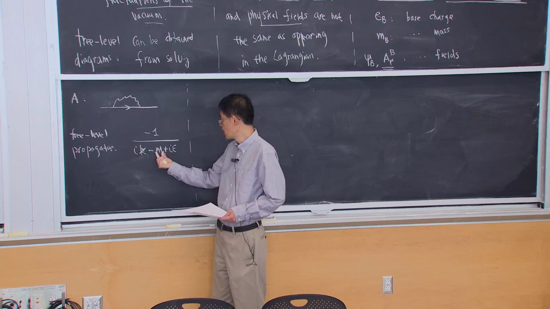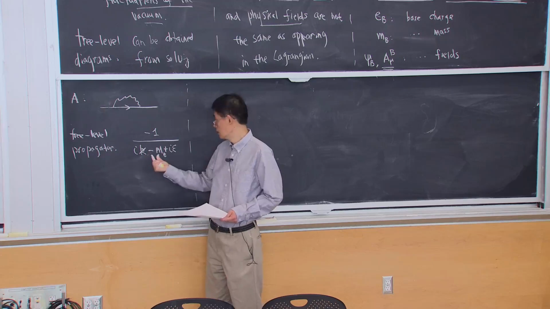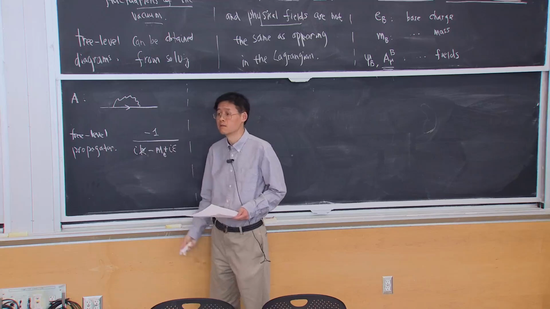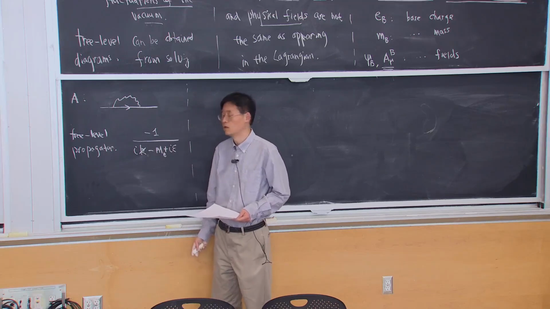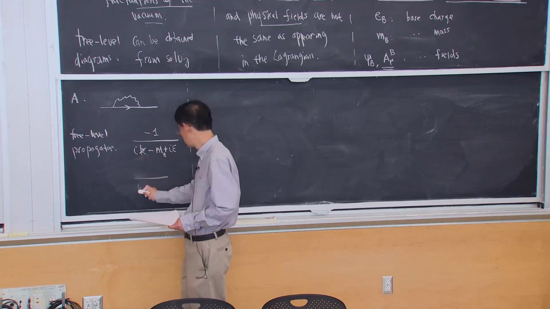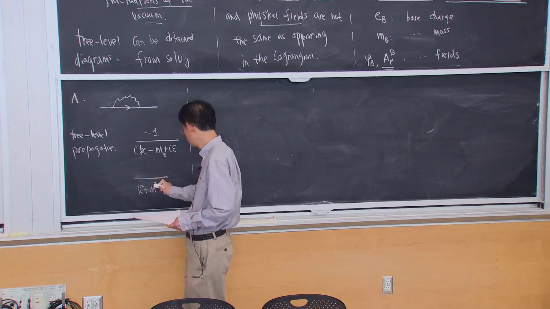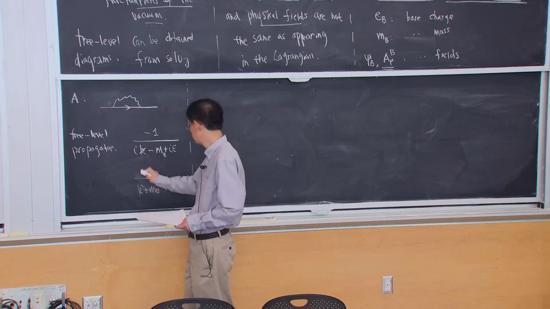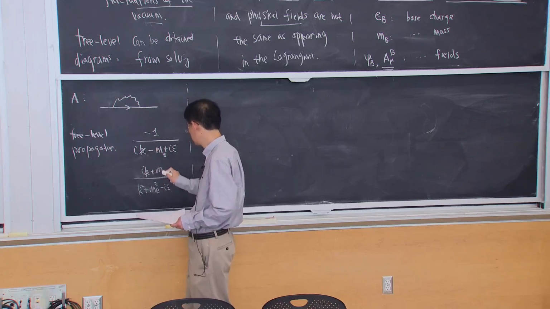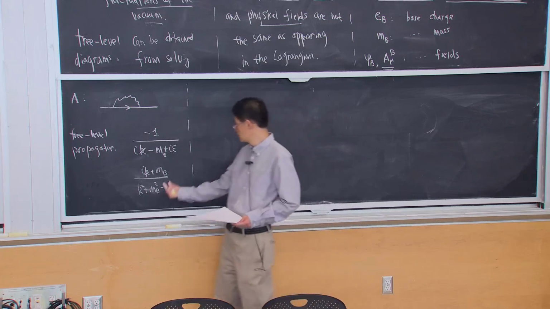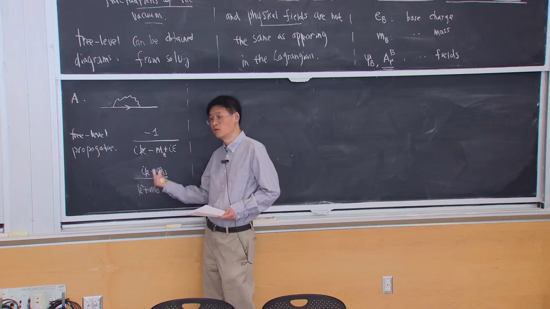When k slash equals m_B, that corresponds to the mass of the electron. When you invert it, this becomes k squared plus m squared minus epsilon, which just means k squared equals m squared. Essentially the mass of the electron corresponds to the pole of the propagator.